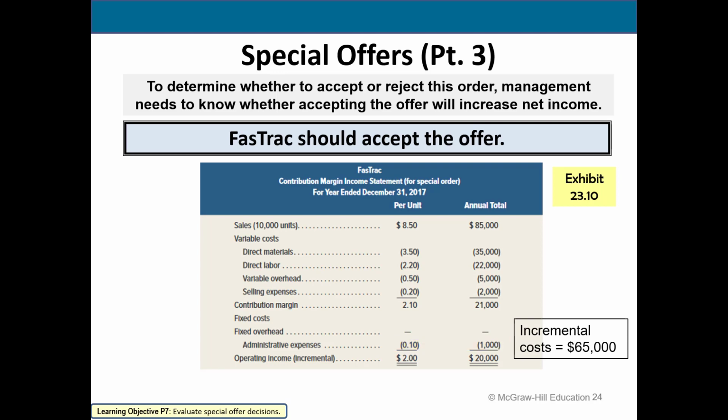So these are the additional fixed costs due to the special order. So comparing the incremental revenue of $85,000 with the total incremental cost of $65,000 means that we will have $20,000 in additional income. So the decision should be to accept the additional business.